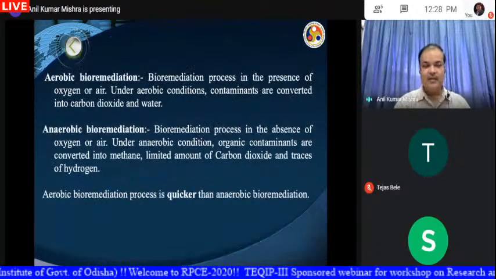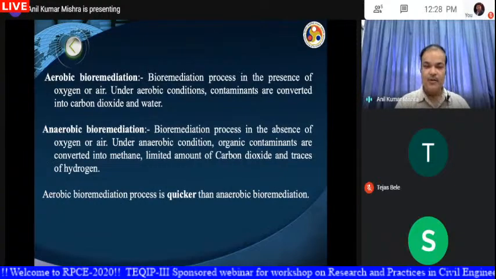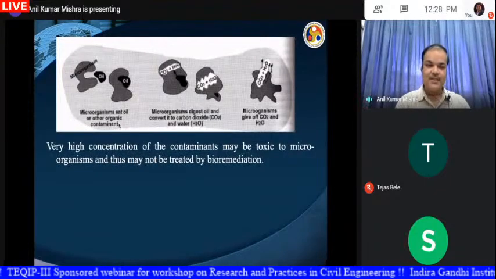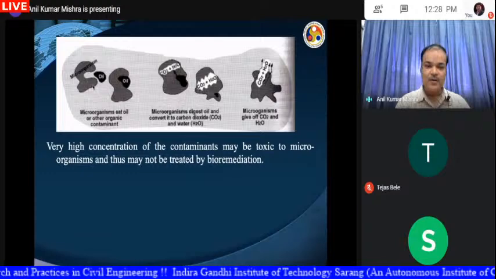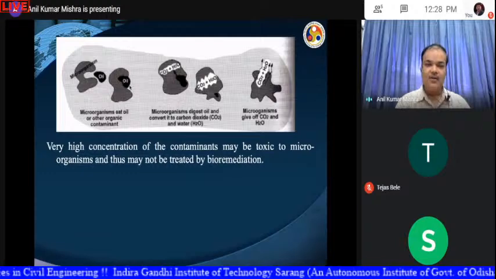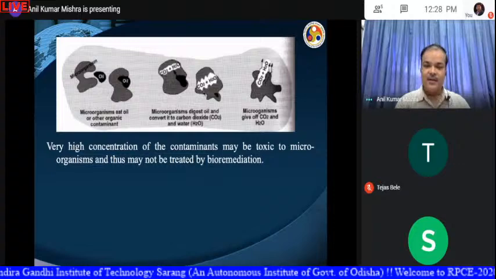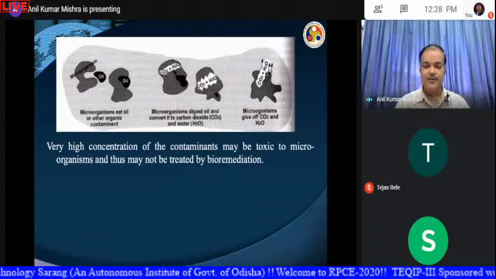It can be aerobic bioremediation, or it can be anaerobic bioremediation. In this example, you can see a contaminated oil which has to be removed by the microorganism. What will happen? The microorganism will eat this oil, digest it, and then release carbon dioxide and water to the atmosphere.